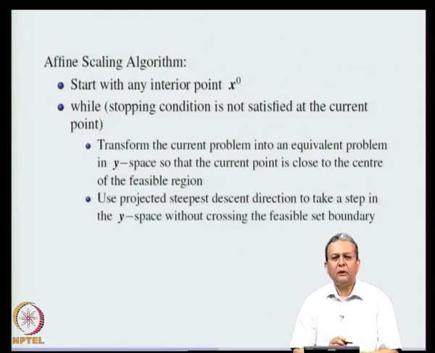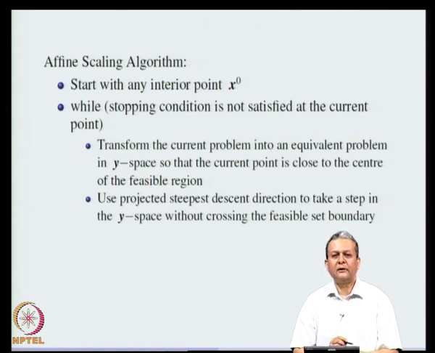We then use the projected steepest descent direction in the Y space to take a step, so that we do not cross the feasible set boundary. This is very important, that the yk plus 1 that we get from the current yk should be feasible.